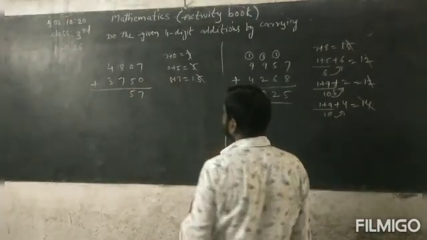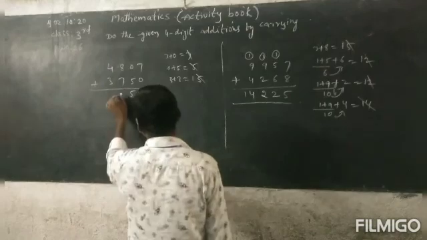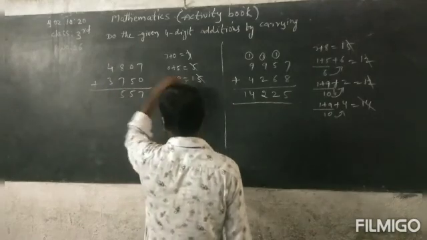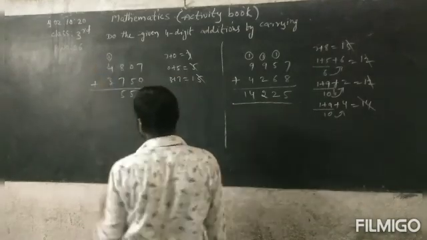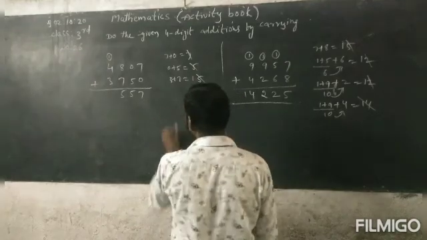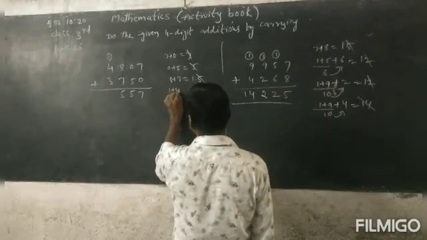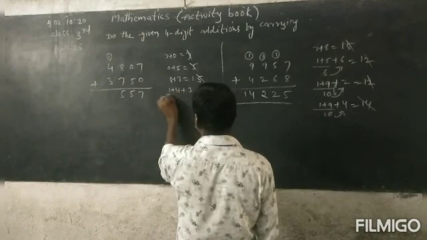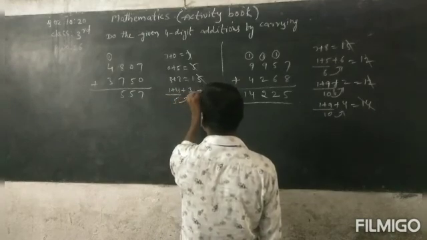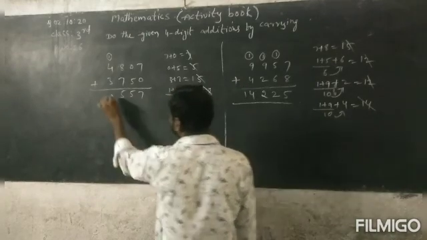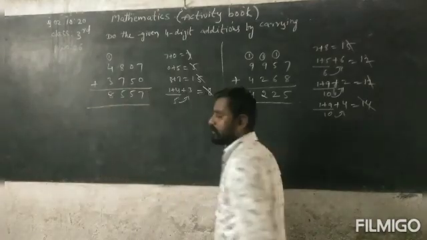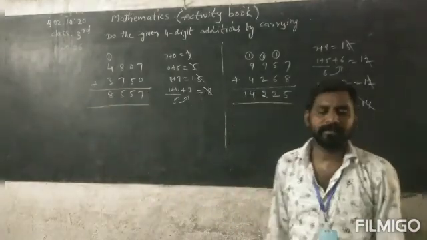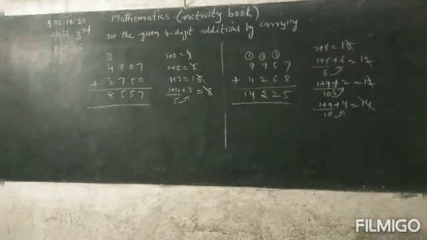So in it 5 is taken and written under the hundreds column. The remaining number 1 is carried to the thousands place. Next, add the digits in the thousands place. 1 plus 4 plus 3. 1 plus 4 is 5, 5 plus 3 is 8. The sum is 8,557.